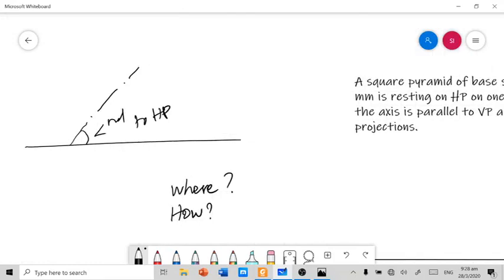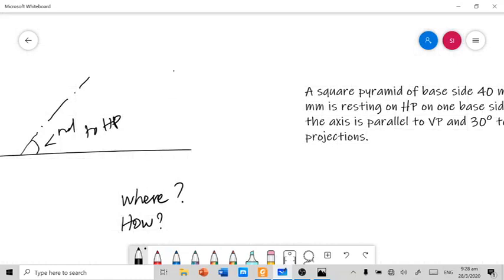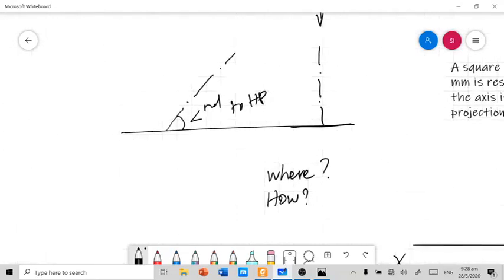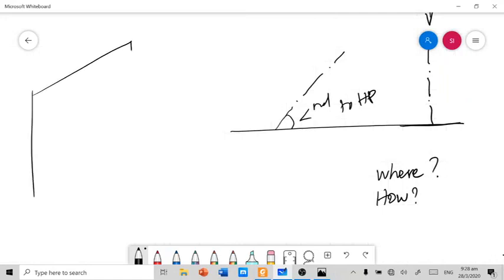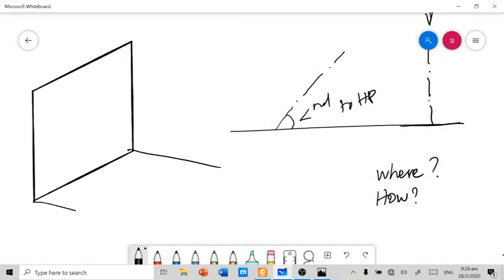As usual, what you need to do is make the axis perpendicular to HP in order to view the base of the solid in the top view. It is easier to make the axis perpendicular to HP instead of making it perpendicular to VP, because in this 3D environment the solid is standing like that.